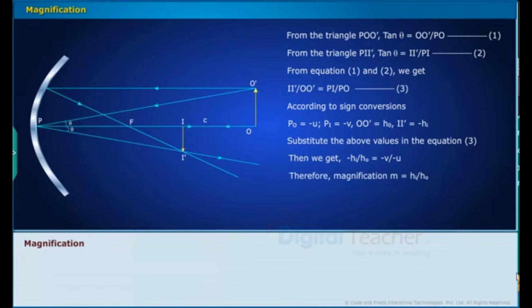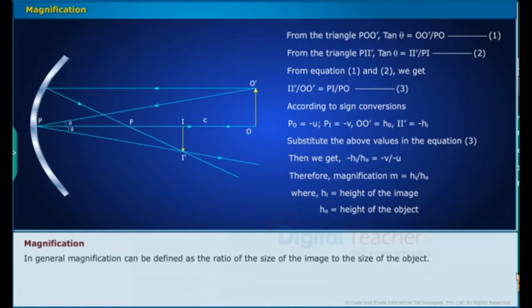Therefore, magnification M is equal to HI by HO, where HI is the height of the image and HO is the height of the object. In general, magnification can be defined as the ratio of the size of the image to the size of the object. That is, magnification M is equal to minus v by u.